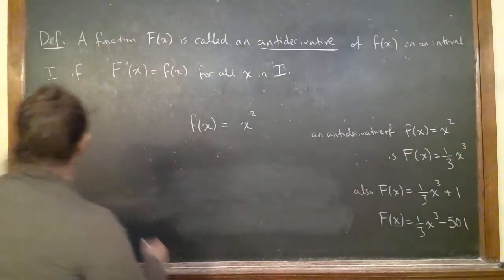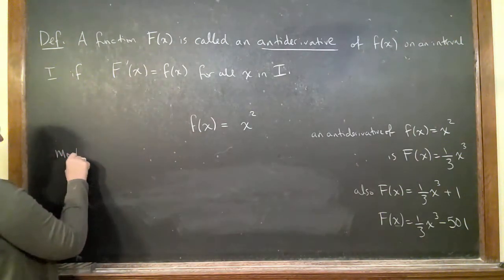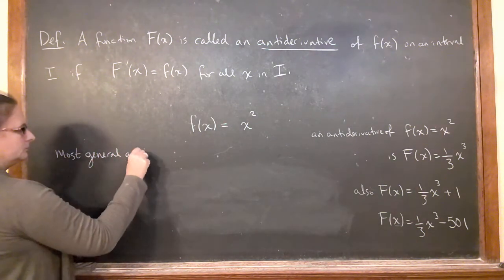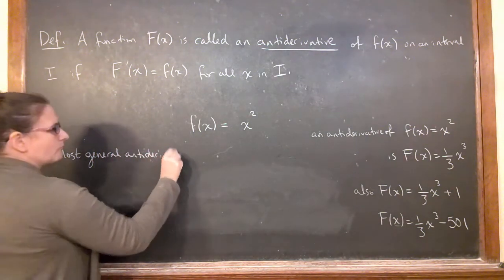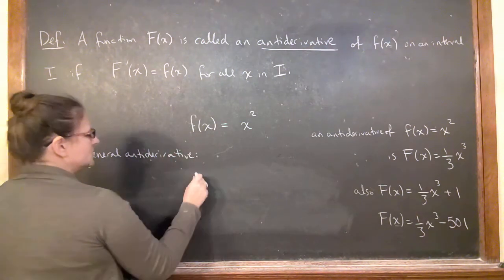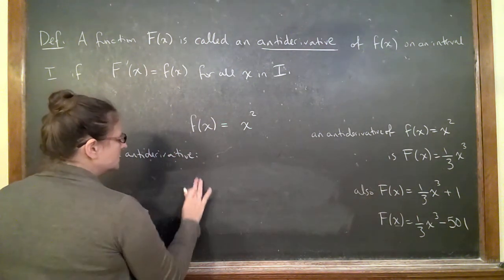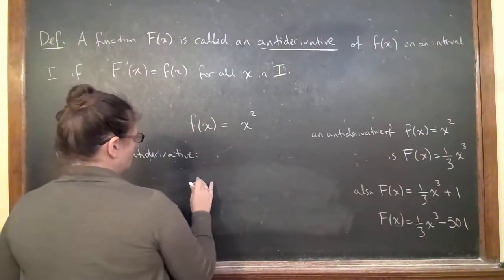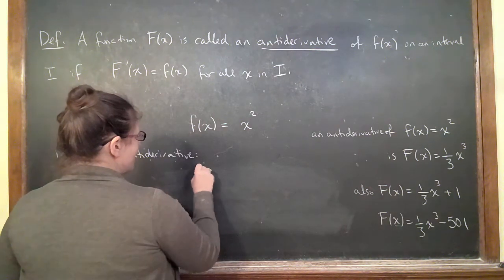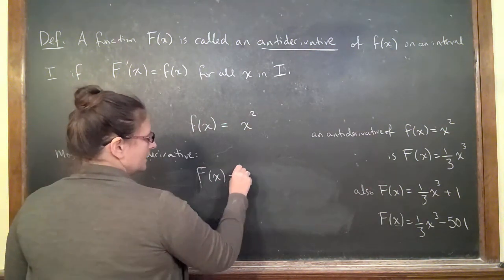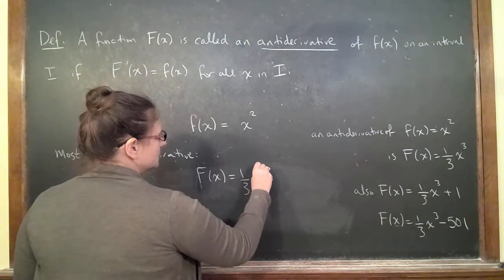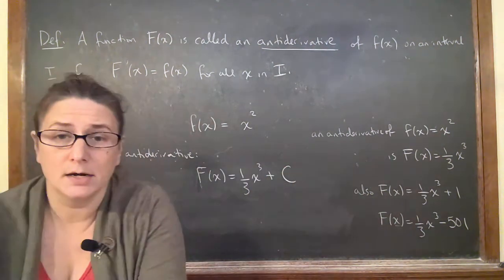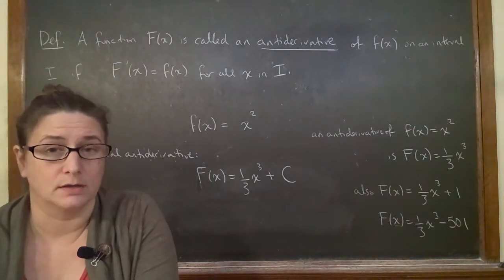But if we want the most general antiderivative, then what we do is we use a plus C, right? So I would write F of x equals 1/3 x cubed plus C, and the convention is to use an uppercase C for your constant.